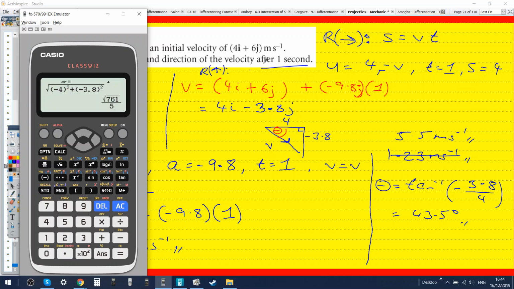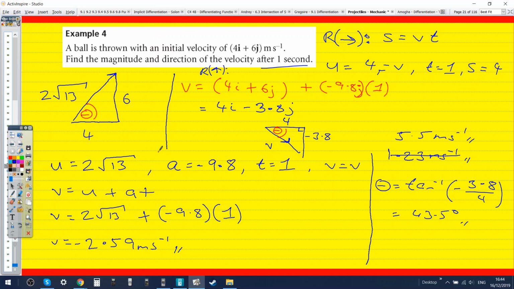So just put any negatives in a bracket when you're subbing them in. The trick for this one was saying that the acceleration due to gravity, minus 9.8, is in the j direction, because it's straight down. Any questions there?